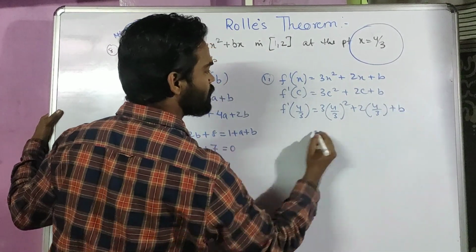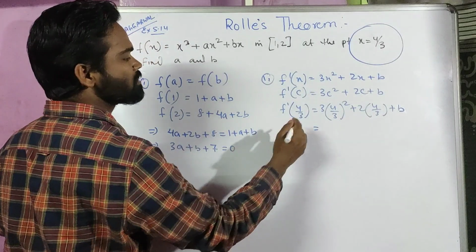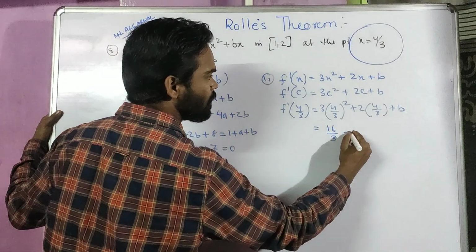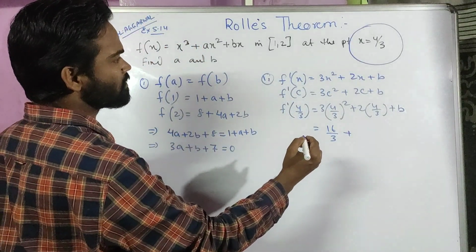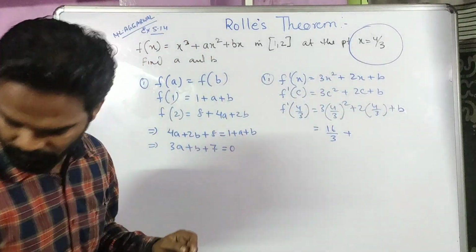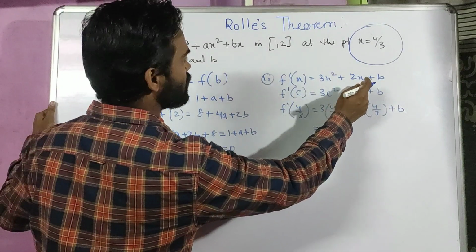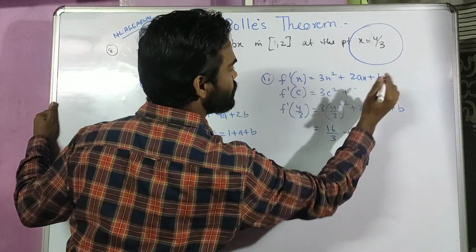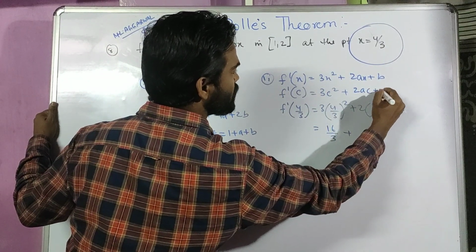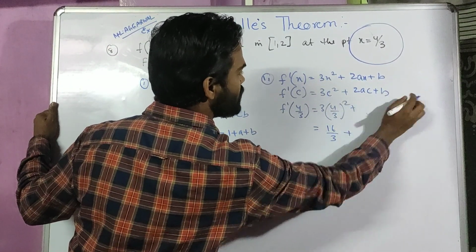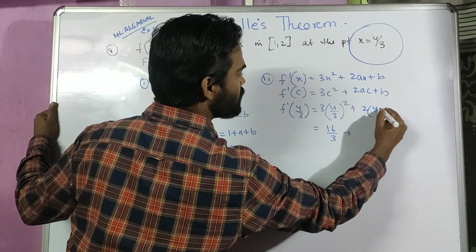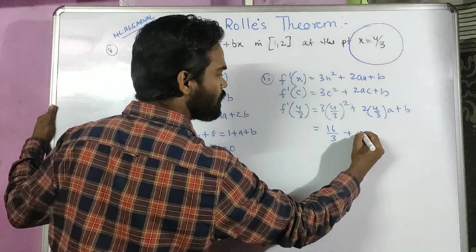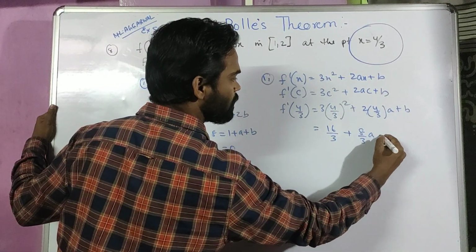Is it clear? Oh, we missed something. Wait, I think I missed an a over here, ax. So this will be 2ac plus b, which means this will be 2 into 4 by 3 a plus b. Is it clear? So that's 8 by 3 a plus b.